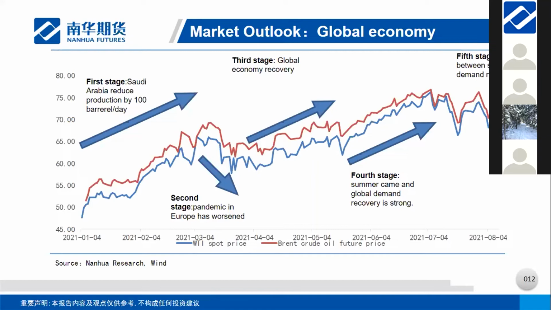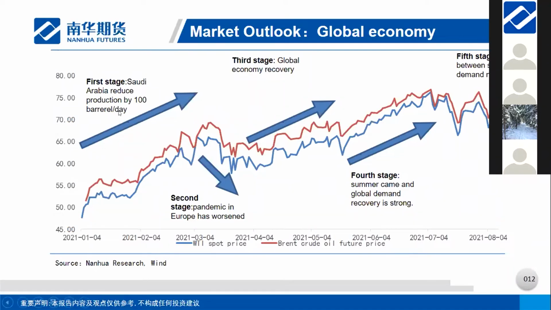into 5 stages roughly. In the first stage, from January to February, Saudi Arabia's excess production reduction of 1 million barrels per day laid a foundation for eliminating excess supply and maintaining the stable promotion of OPEC plus production reduction.